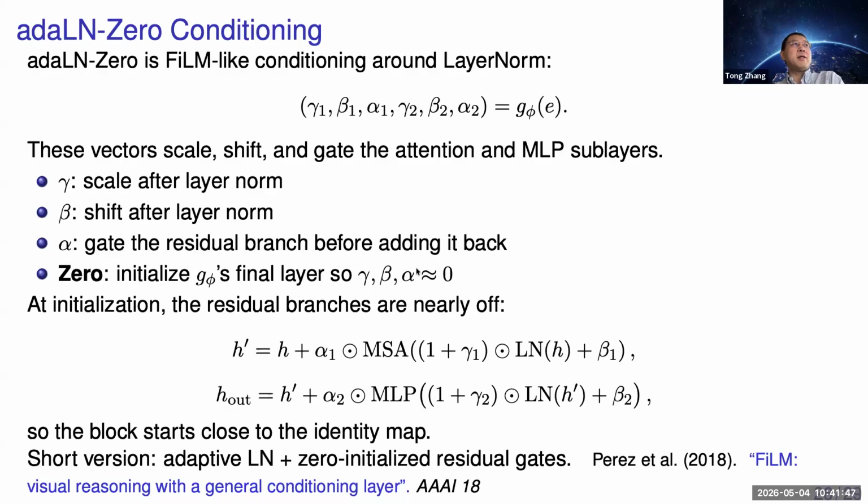But this one says I set it to be 0. We didn't talk about FiLM here. FiLM plus UNet has appeared before, but FiLM plus transformer, with a 0 initialization, this paper tried that here, right?